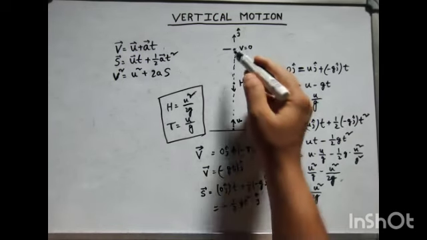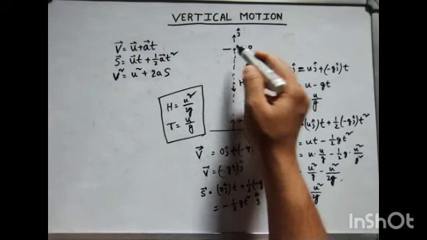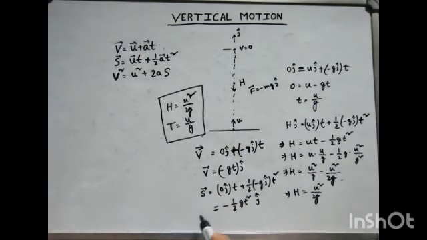And we know that s vector is, if you measure displacement, this is your initial point and this is your final point, so the displacement will be minus h j cap.